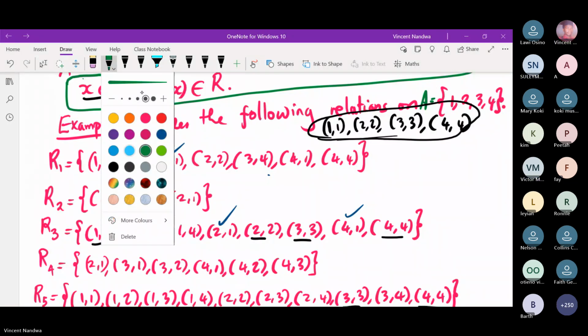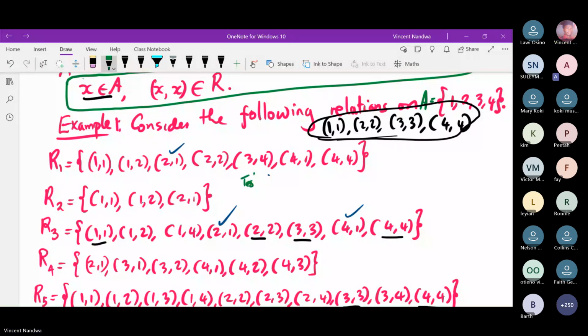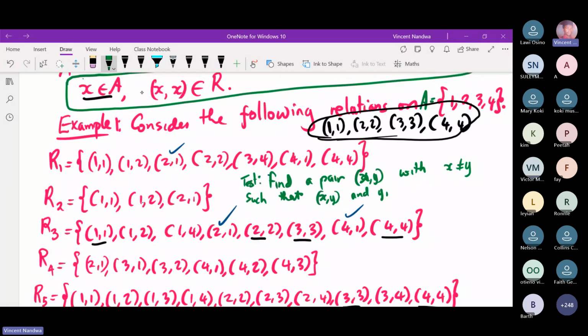Find a pair, say x, y, with x not equal to y, such that (x, y) and (y, x) are both in the relation. And if this is the case, is it antisymmetric or not antisymmetric?